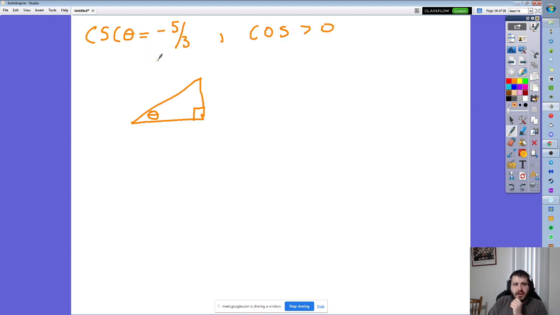So here's the thing. You look at this cosecant. Remember that cosecant is hypotenuse over opposite, right? This negative sign has to go somewhere. So does it have to go on top or on the bottom in order to be right with our ideas here? Top or bottom?